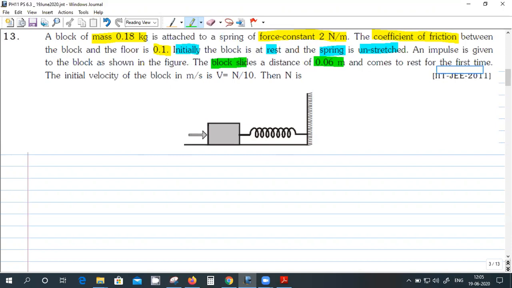This is very simple. There is an initial velocity also because of the impulse. So initial energy is half mv square. That should be equal to final energy, which is half kx square plus the work done against friction.